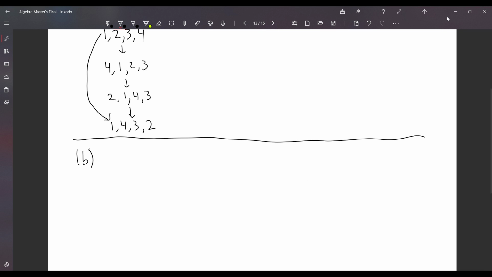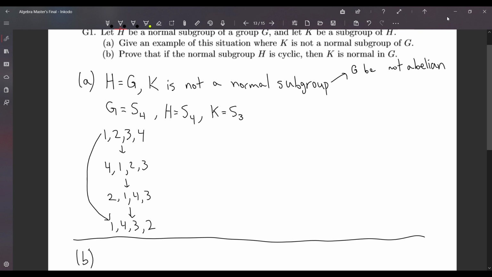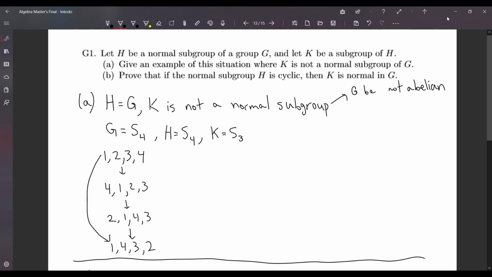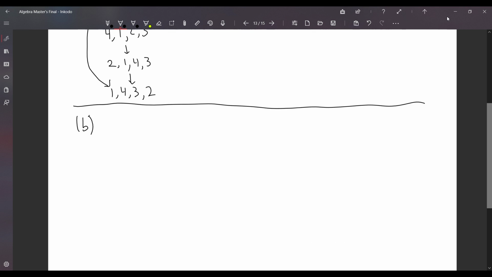For part B, we want to show that if H is cyclic, then K is in fact normal. If H is cyclic, H is going to be generated by some element A. Let's write out E as our identity element, which is standard notation.